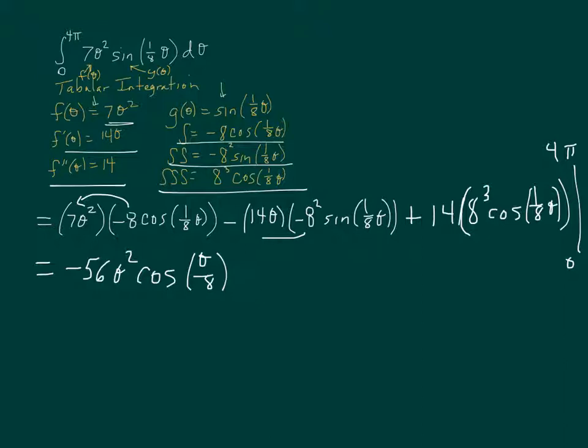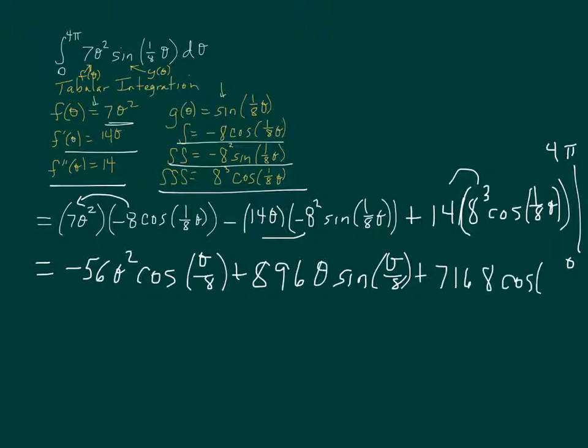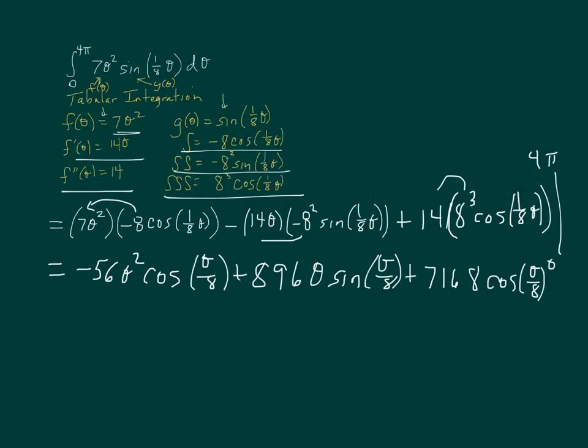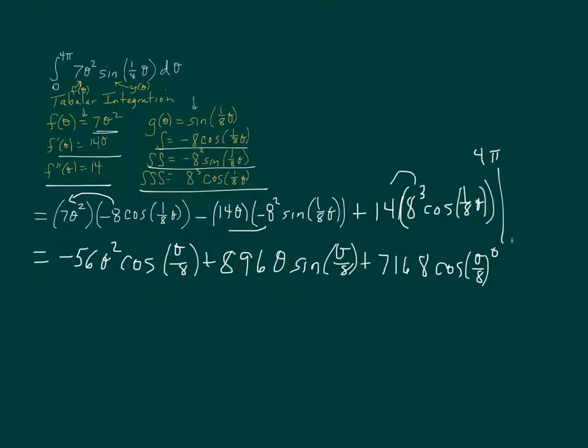Negative and a negative here, and I get a plus 896 theta sine theta over 8, and then multiply, get 8 cubed times 14, I get 7168 cosine theta over 8, and again we are evaluating this from 0 to 4 pi.